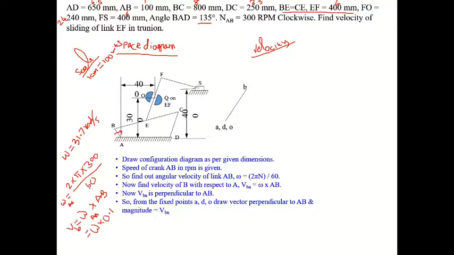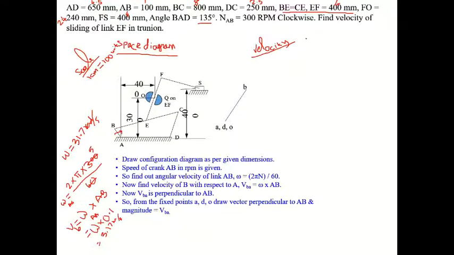Because 60, 5 times we can cancel it. 2 into 5 is 10, 10 into 3.17 is 31.7. Now 31.7 into 0.1 is 3.17 meter per second.